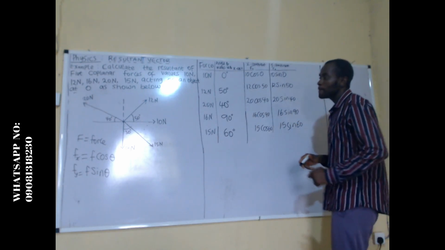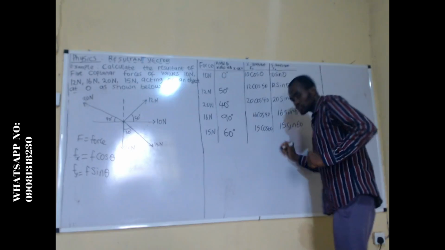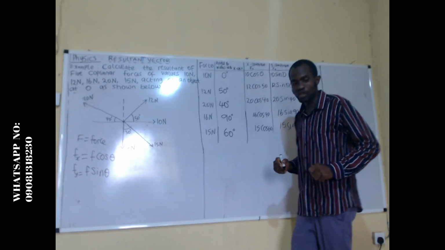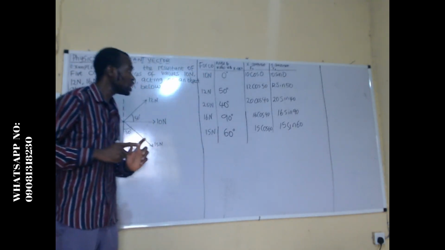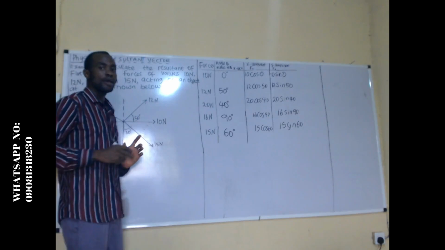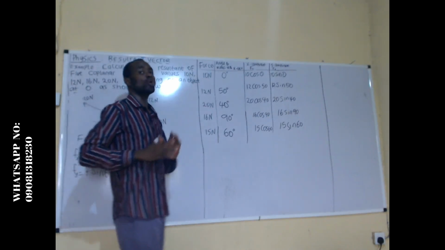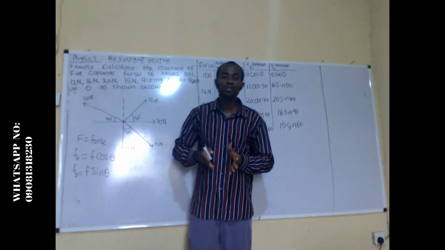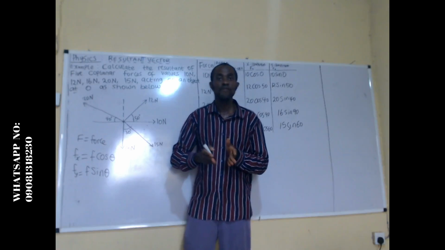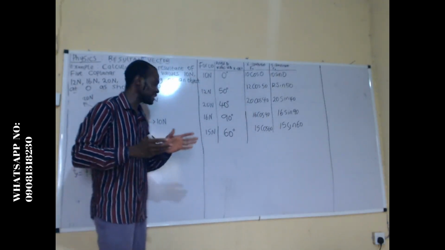Now, because of the method we are making use of, we have to be careful. When you are resolving a vector into its s and y components, these can become negative based on where they find themselves.